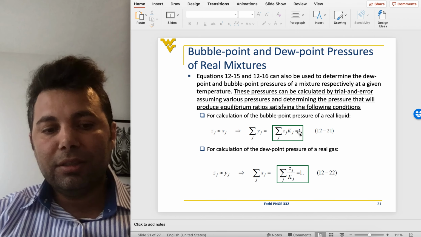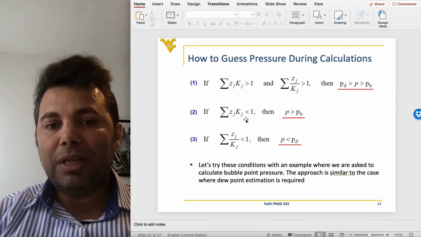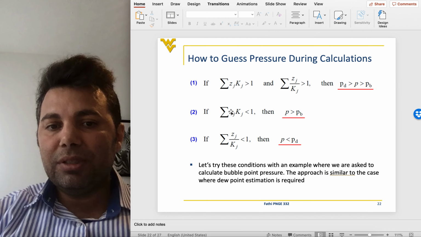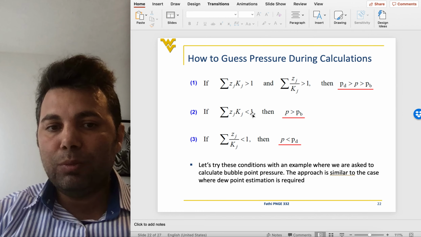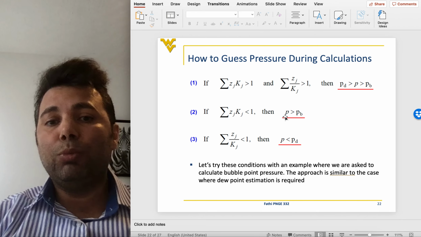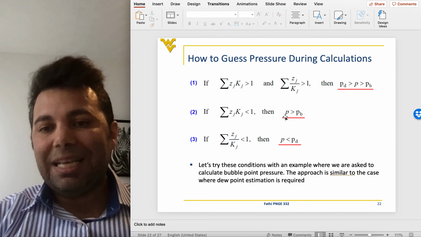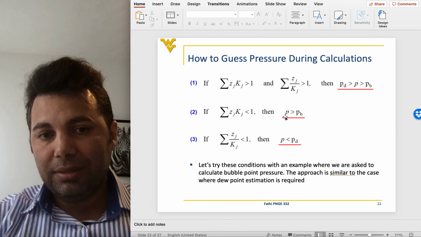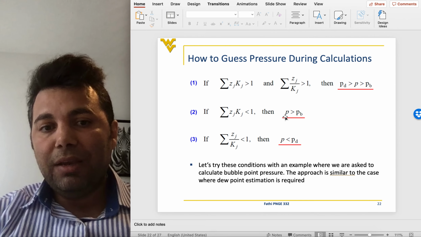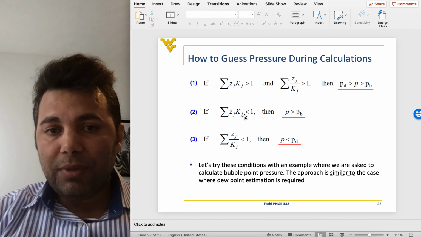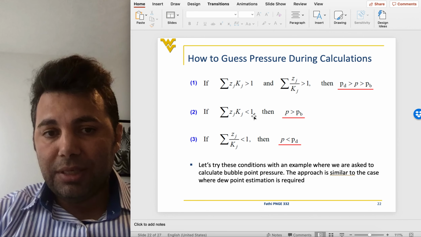If not, depending on what that number is, if the summation of Zj times Kj is less than 1, then I know the pressure I picked is more than the bubble point. So the next guess should be a pressure less than what I had in the initial guess.